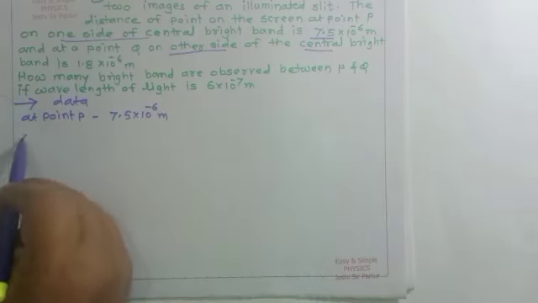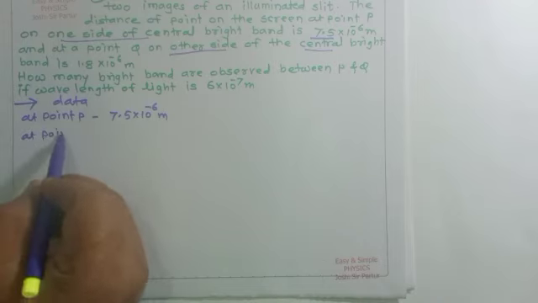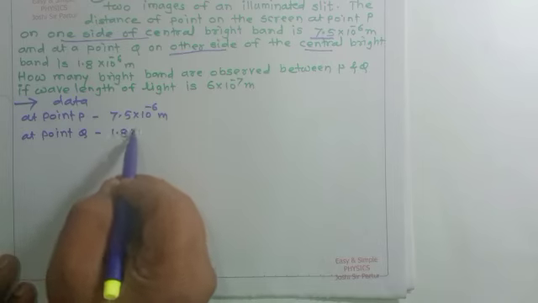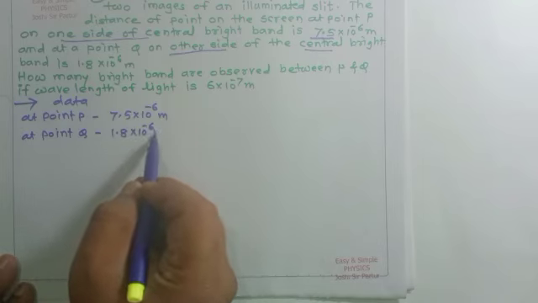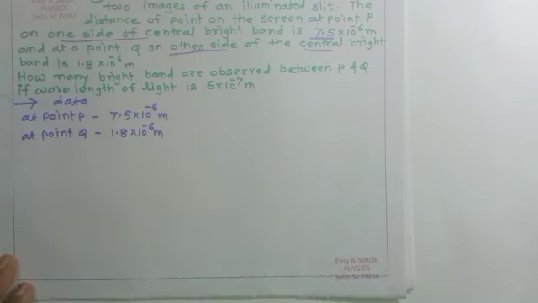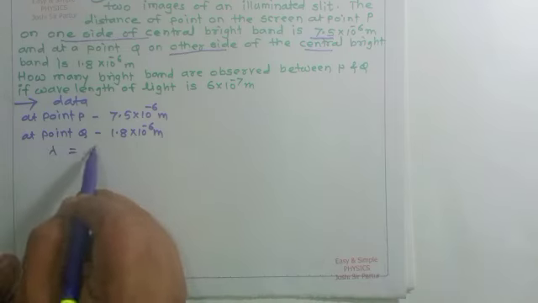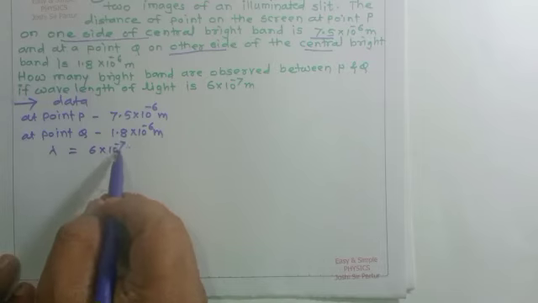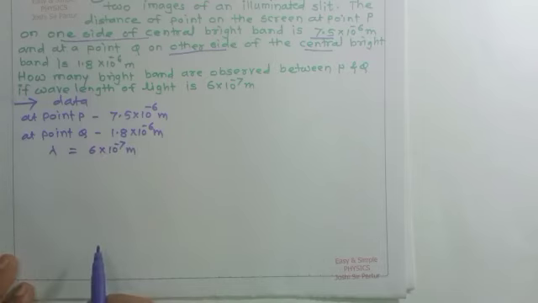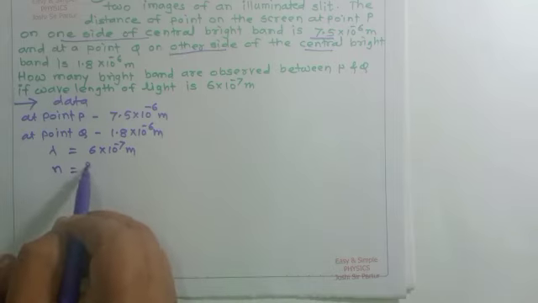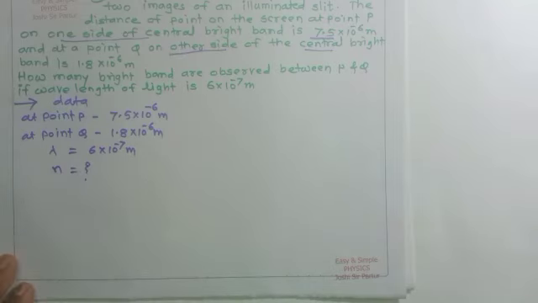At point Q, the distance will be 1.8 into 10 raised to minus 6 meter. Wavelength of light is 6 into 10 raised to minus 7 meter. And how many bright bands are observed? N is equal to question mark.